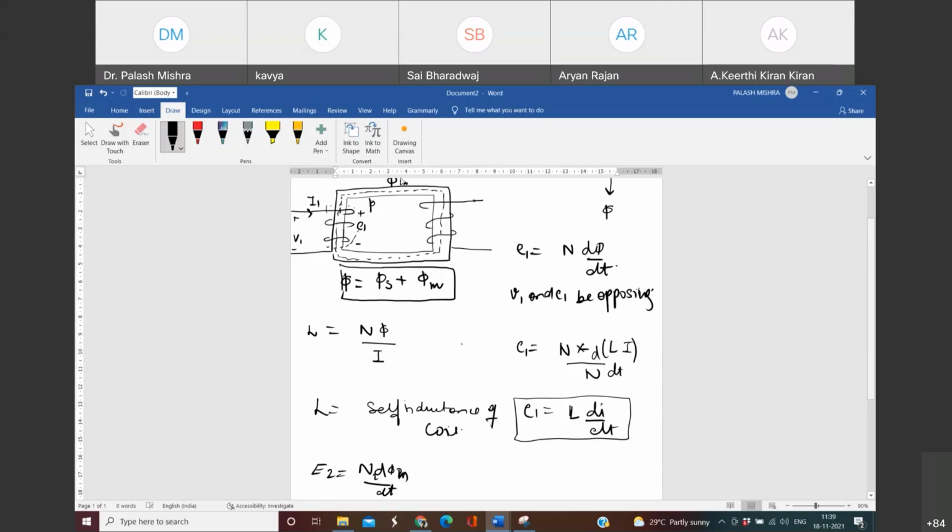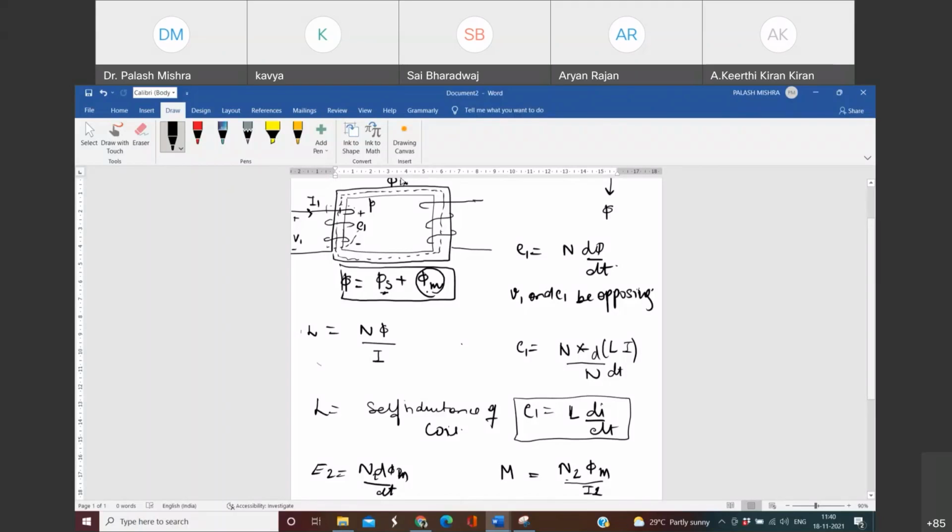Now, similar to the term for self-inductance, there is a term of mutual inductance which arises because of the flux that is mutually coupling the two coils. The flux phi s is the self flux, but the flux phi m is the mutually coupling flux. The mutual inductance due to this flux is given by M equals N2 times phi m by I1.